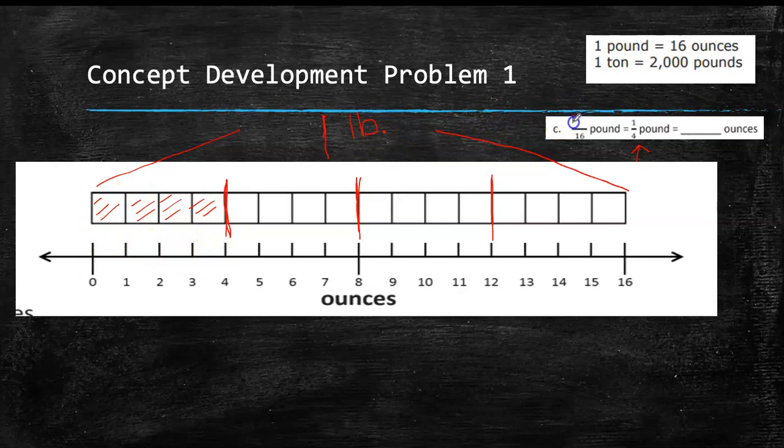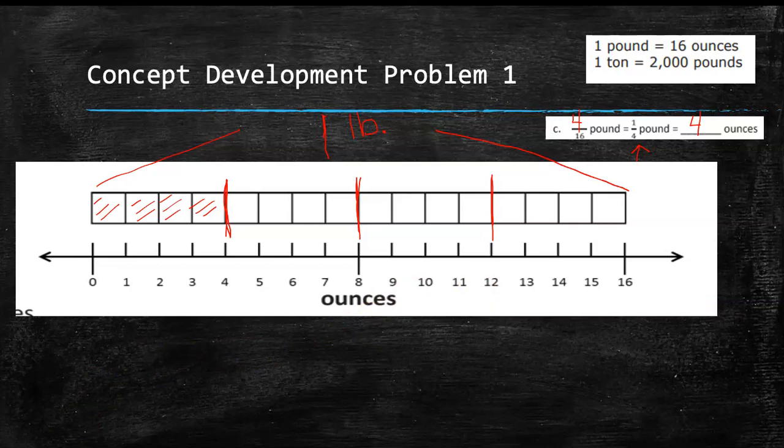Awesome job. I can name it 4/16 of a pound. It's also known as 1/4 of a pound. How many ounces? Because it's also going to equal how many ounces? Amazing. Kiss your brain. 4 ounces. You've got this. Great job. Let's move on.